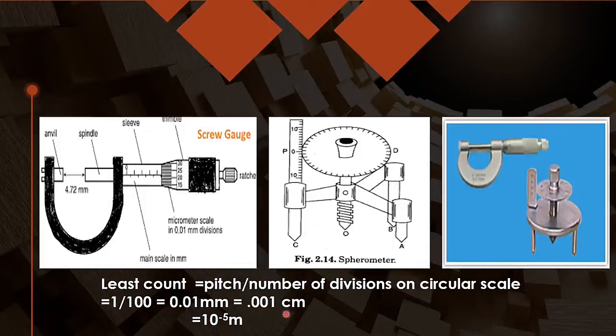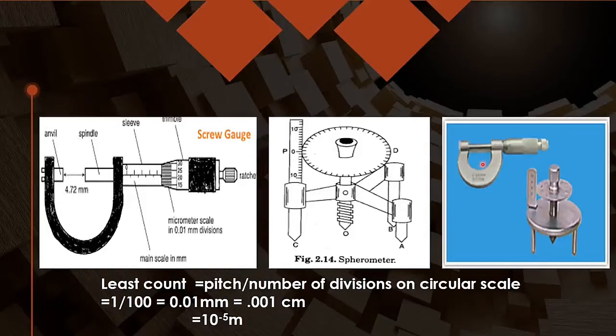You can say that for a normal scale you have 1 millimeter. For the vernier calipers you have 0.1 millimeter. For the screw gauge or the spherometer which you will be using in the lab, we have 0.01 millimeter. Of course, you can convert it into centimeter or meter if required for solving your numericals. These are simply the diagrams.